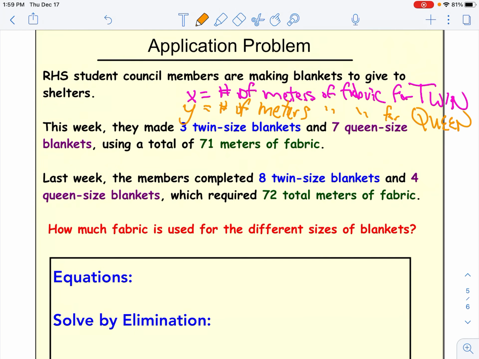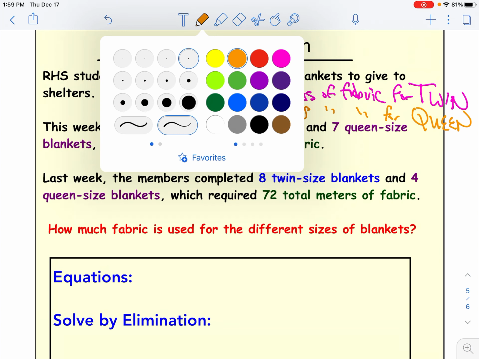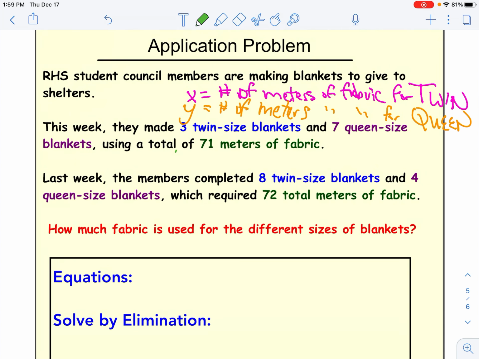So now, in the first scenario, 3 twin size blankets times the number of meters of fabric for those twin blankets. Let's say it takes 10 meters of fabric, then 3 times 10 would be the amount of fabric used for the twin blankets. And then we add that with the 7 queen size ones that were made times the number of meters of fabric for each one of those.